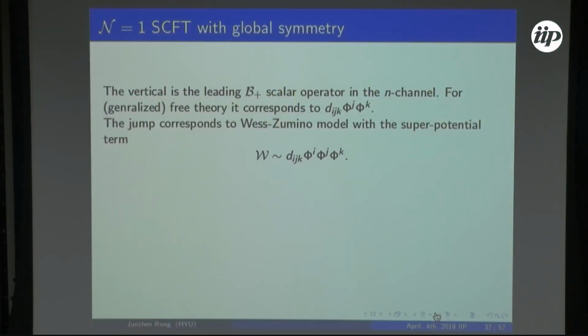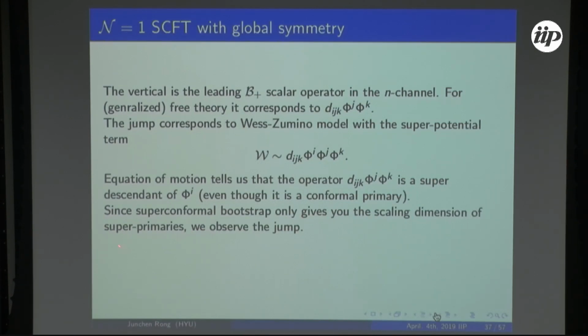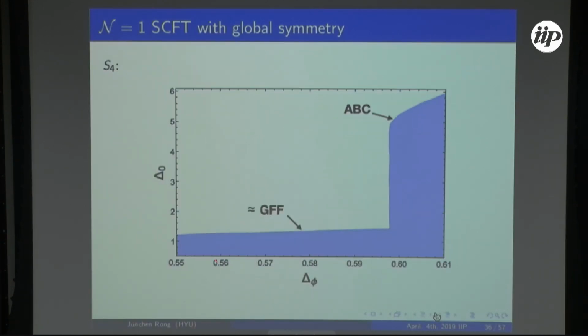Why do I believe that? This is because the equation of motion tells us that at the Wess-Zumino model point, this guy becomes a descendant of this guy. Just from the equation of motion you see it. And since conformal bootstrap only gives us the scaling dimension of the superprimaries, we observe this jump. So I'm basically saying that initially these curves are not too much different from generalized free theory.